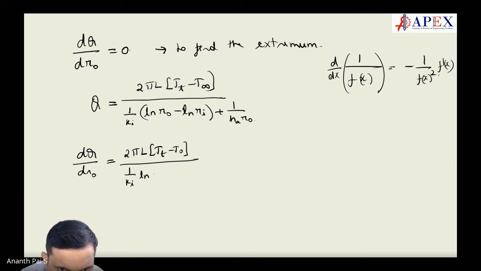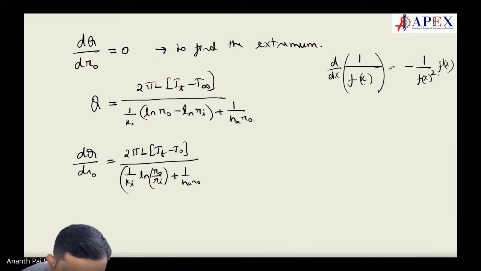ki log of r naught by ri plus 1 by h a r naught square, let us keep it like that only. Let us again differentiate this.